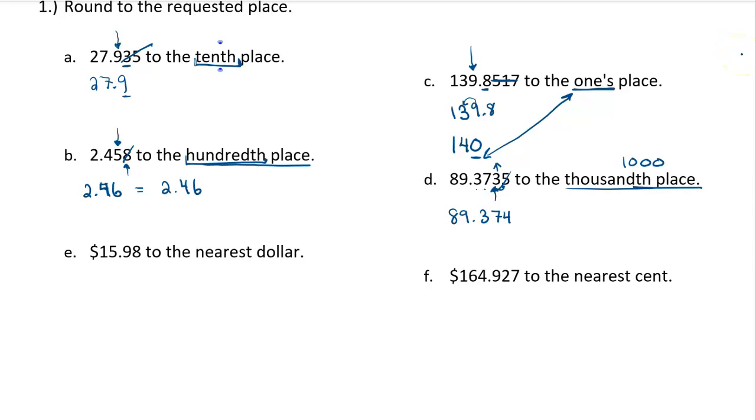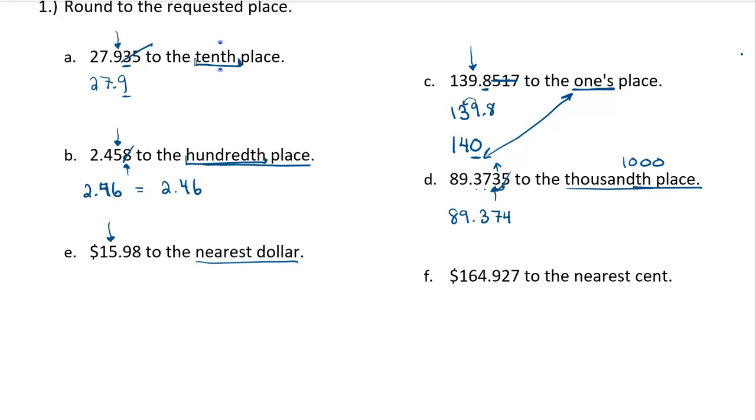Okay, next one. We're dealing in money. So the nearest dollar. Well, that's the first value to the left of the decimal, right? So if it were $9, it would be 9.00. If it were $10, then there are 2 numbers to the left, and so you would be rounding to the 10th dollar.